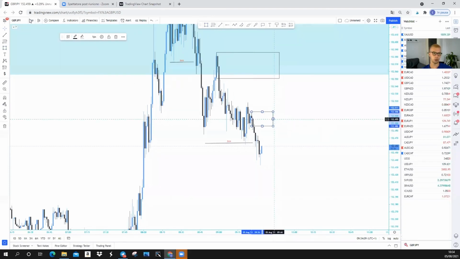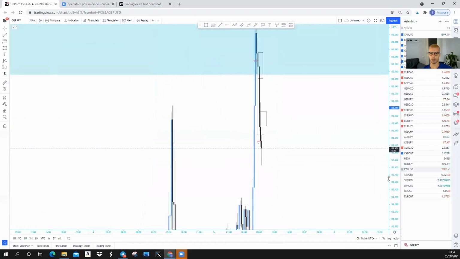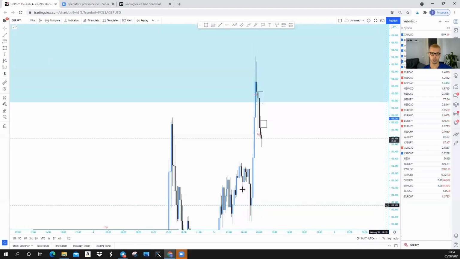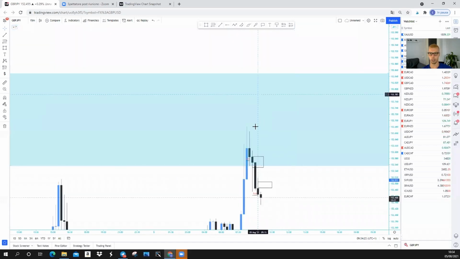In these cases, what I will do, and I usually don't send the signal for that, is that we enter an intraday trade. So either from here or here, we stop loss possibly above these highs up here.